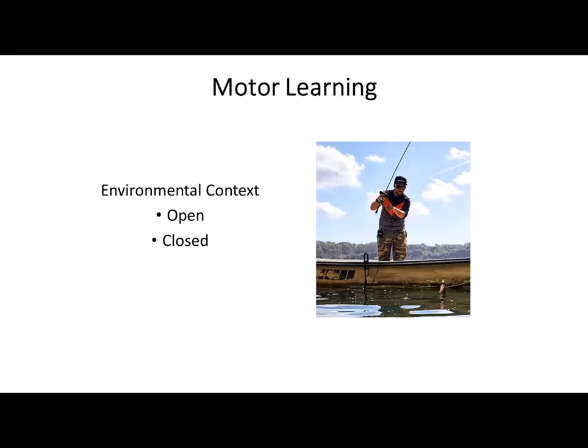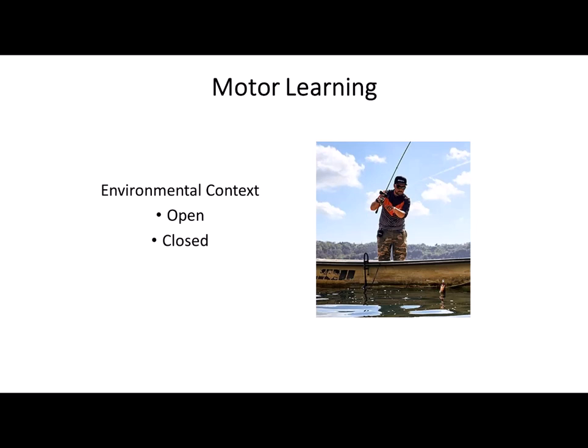One final point to consider for effective motor learning is environmental context. Environmental context literally refers to the environment in which the patient is performing the activity. Early on in the recovery from neurological injury, either stroke patients or patients who've had a brain injury, it's going to be important to use an environment that is non-distractible, where distractions are limited.